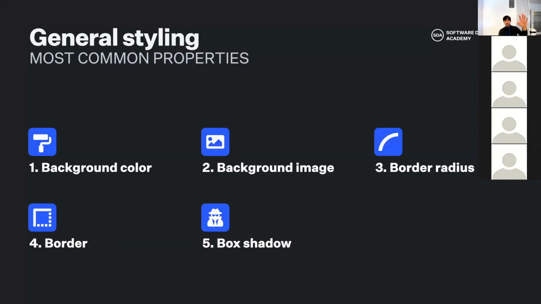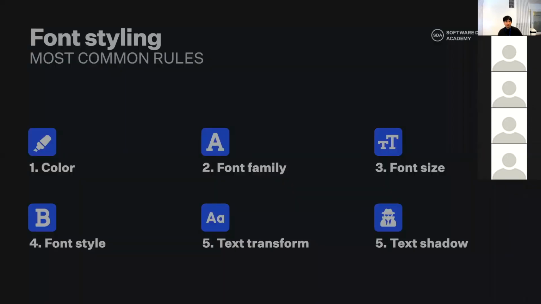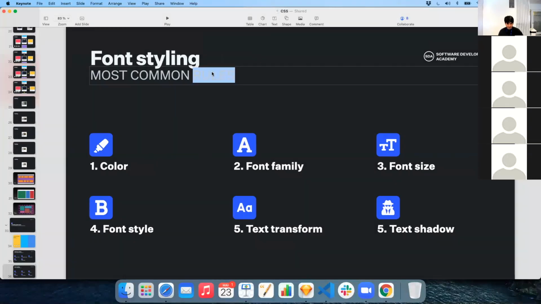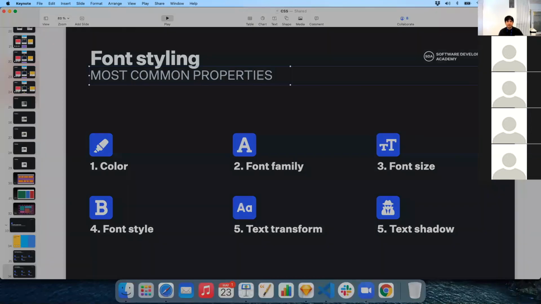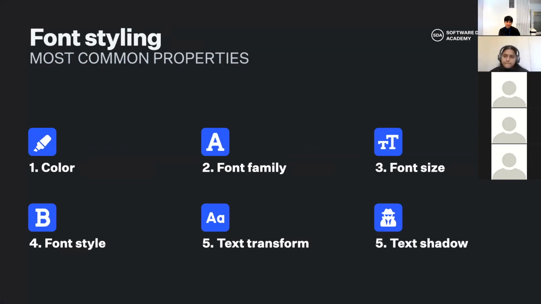Now, these are the most common properties. Now let's go to the next properties, not rules, properties. The previous ones affect the box behind the HTML tag, and these properties affect the style of the text in the box. Color changes the color of the text. Font family changes the font.